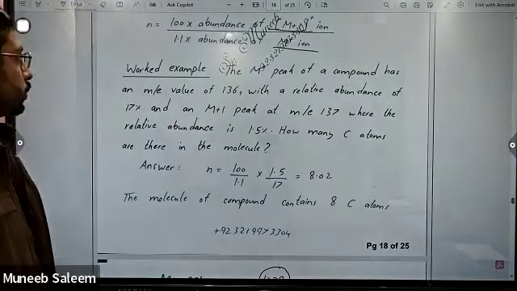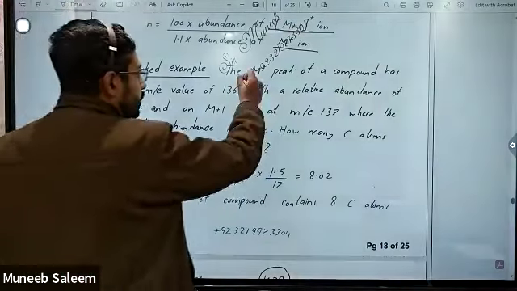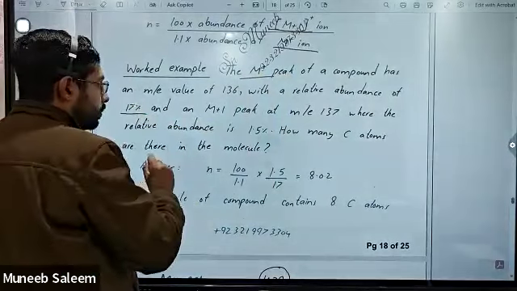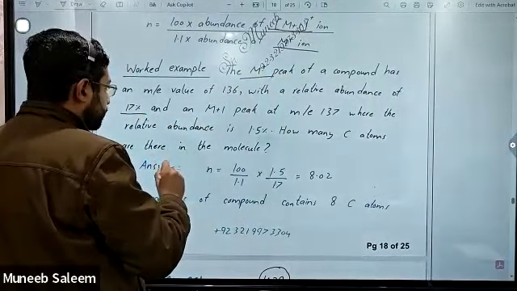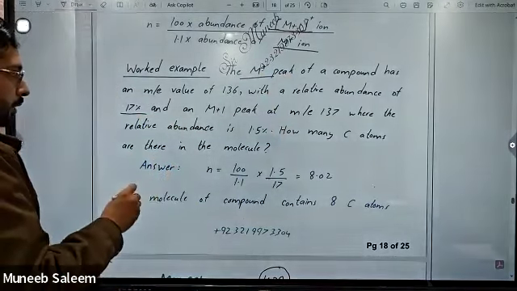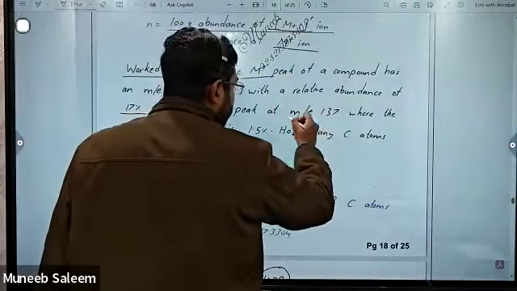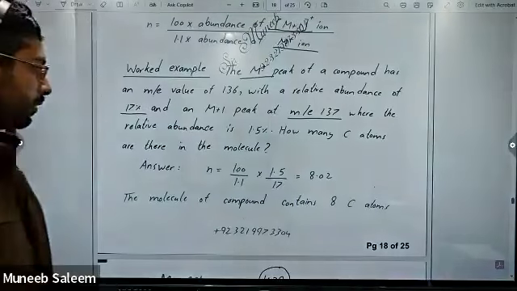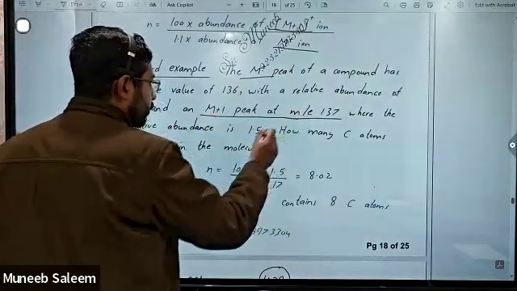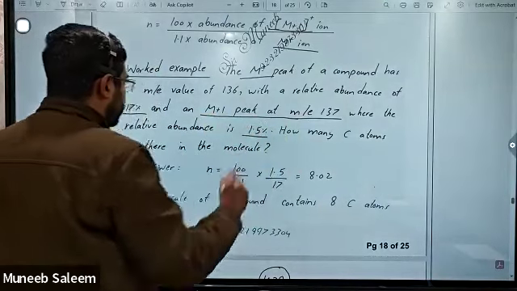So here you can see that the molecular ion peak has 17%, and the value 137 indicates the M+1 peak. So its value is 1.5%.